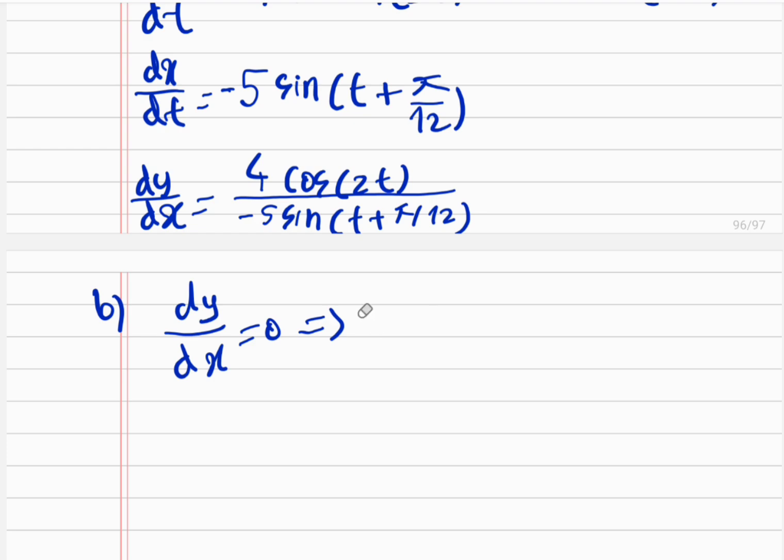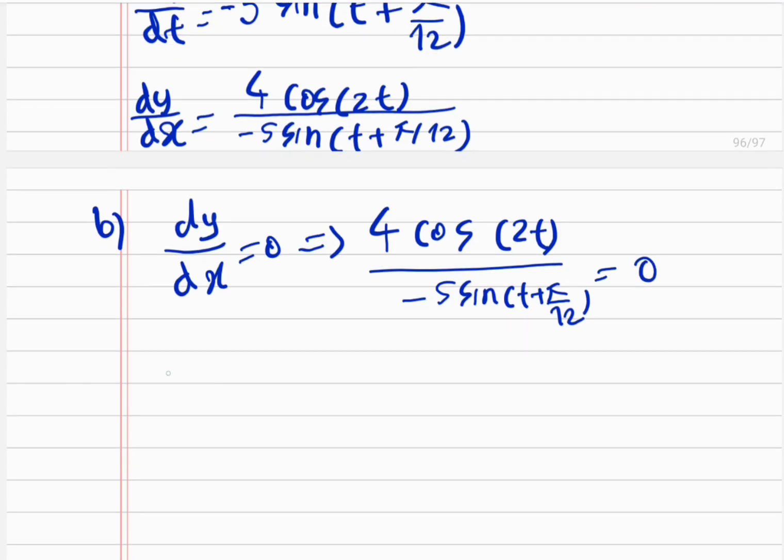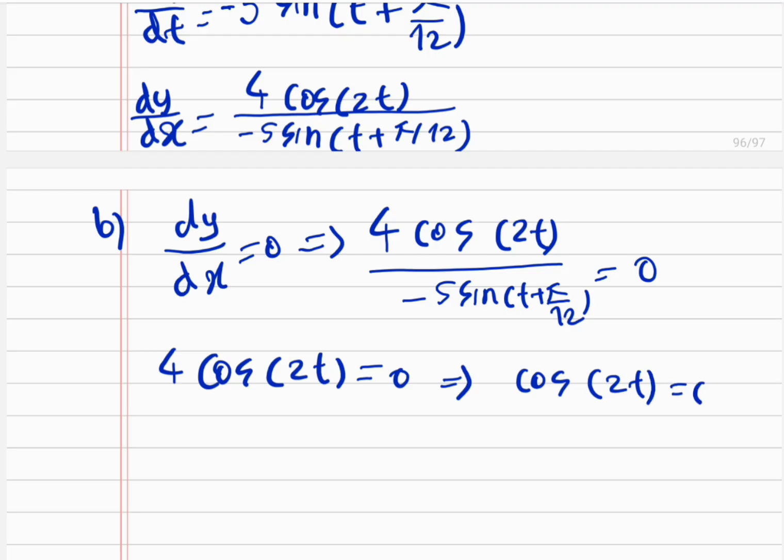We can just get rid of the minus immediately, because we are going to do cross multiplication. So 4 cos 2t over minus 5 sine of t plus pi over 12 is equal to 0, and by cross multiplication we get 4 cos 2t is equal to 0. We can get rid of 4, so just cos 2t is equal to 0.